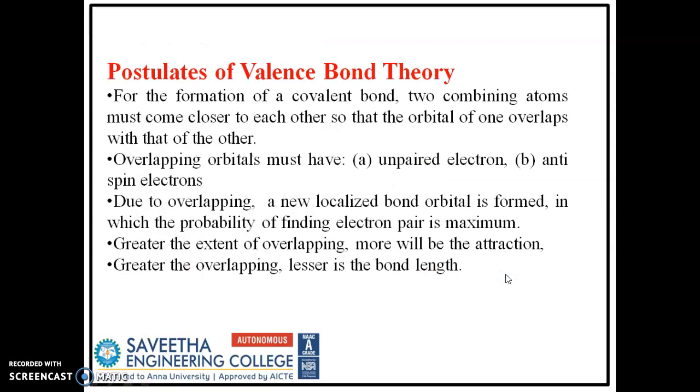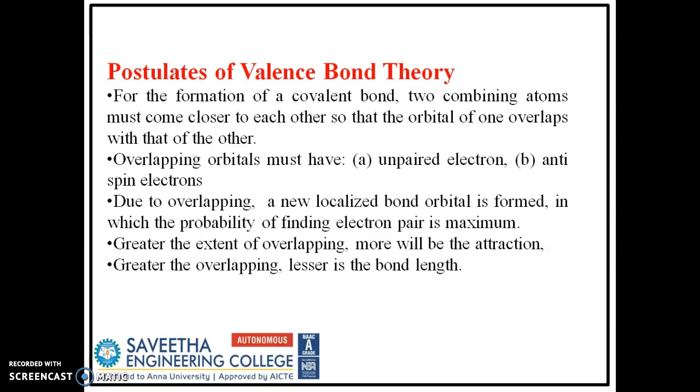Next, the postulates of valence bond theory. So in valence bond theory, they clearly explain the formation of sigma bond and pi bond. For the formation of a covalent bond, 2 combining atoms must come closer to each other so that the orbitals overlap with that of the other.